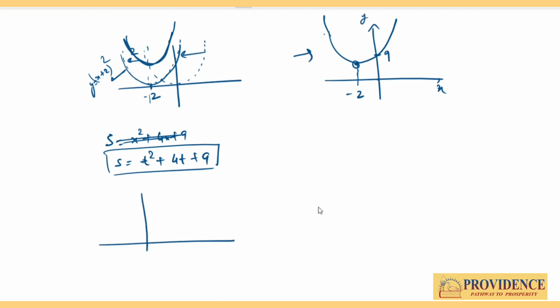We are going to neglect the negative time part in that case, because we are only considering time as positive. So this will be minus 2 and this will be 9.